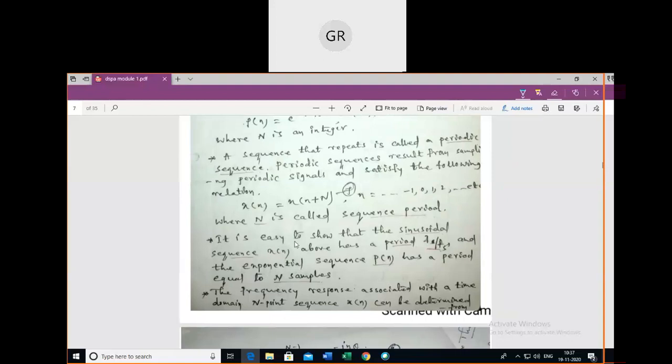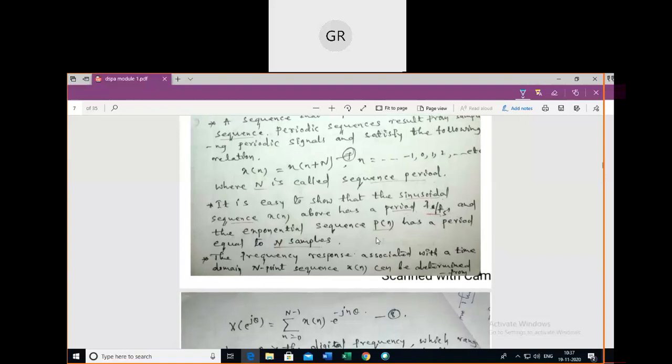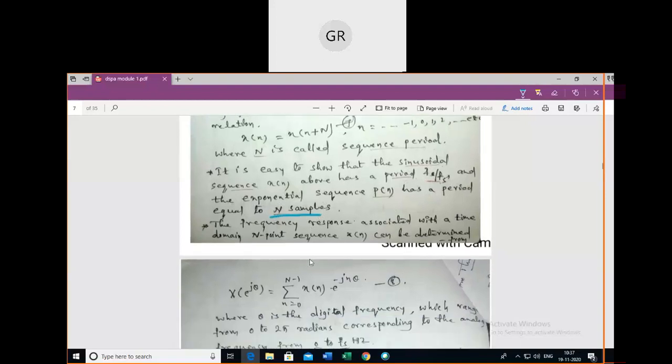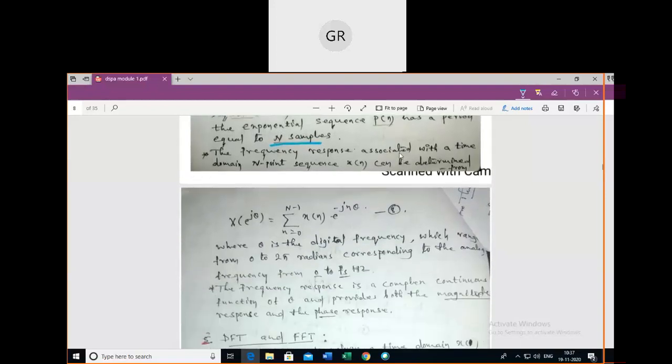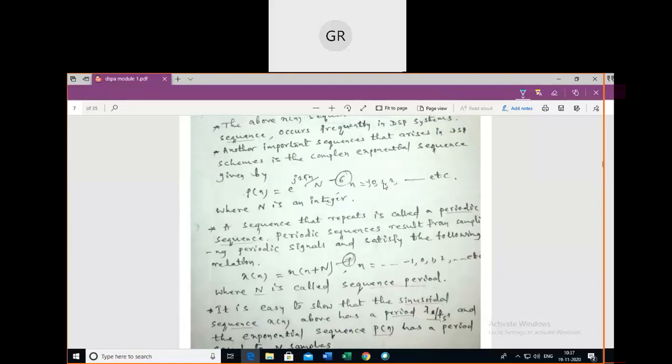It is easy to show that the sinusoidal sequence x of n above has a period fs divided by f, and the exponential sequence p of n has a period equal to N samples. The frequency response associated with the time domain N point sequence x of n can be determined from the frequency response. Those were time domain sequences.